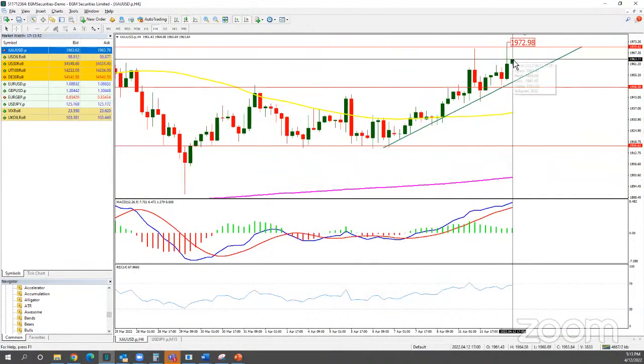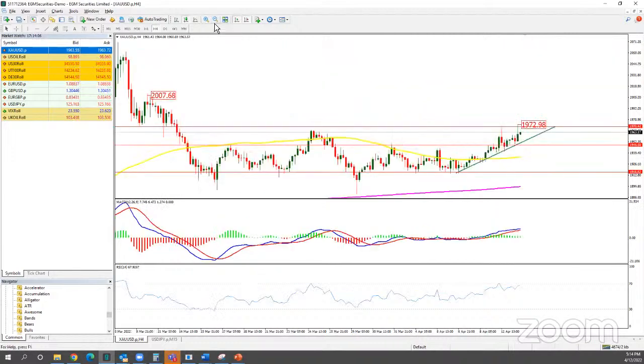So we saw some wick. Now the hourly candle, the 4-hour candle, is pointing to the upside. We need more confirmation. The confirmation is a defeat and a close above this level, which would give us more clarification of where this trend could go, which is the 2007.